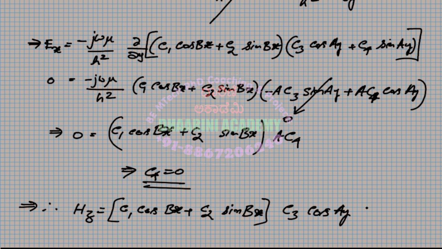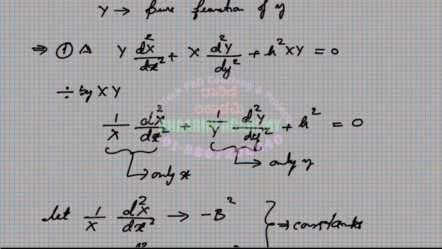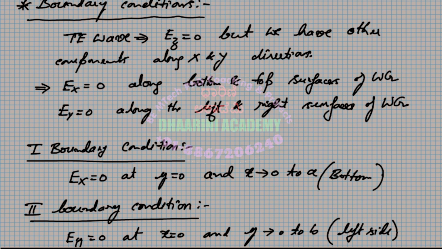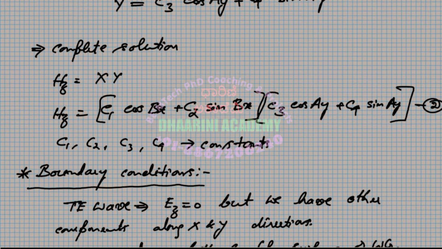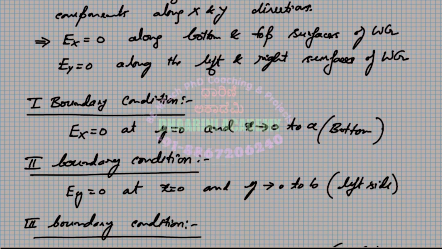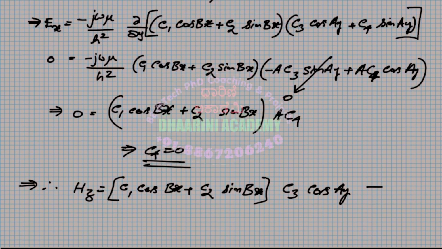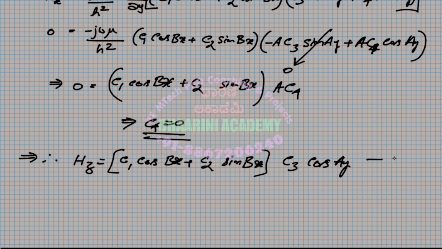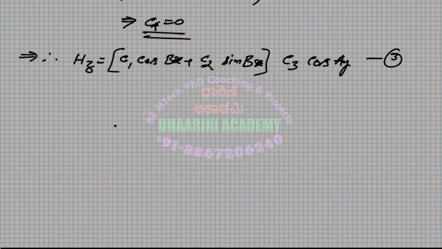Let's hold on to this equation. Let me check the equation number for this. One, two. Okay, let me call this equation 2. Then all the boundary conditions are named according to that. So boundary condition 1, 2, 3, 4 we have. So now I'll apply boundary condition 2 to this one. Before that, let me call this equation number 3. Right, so let's try to apply the second boundary condition.